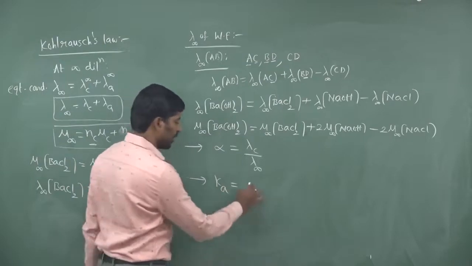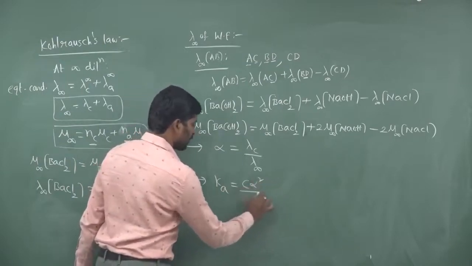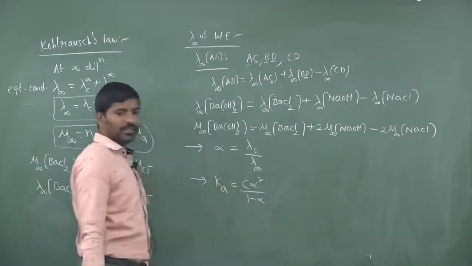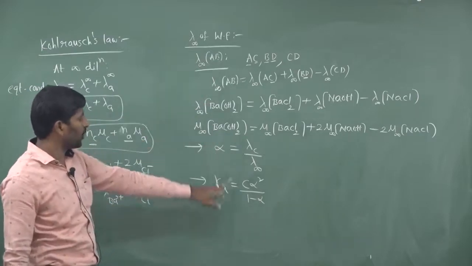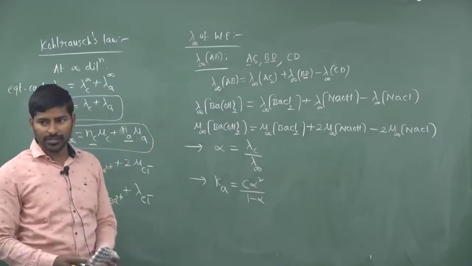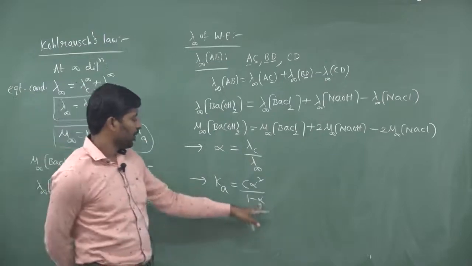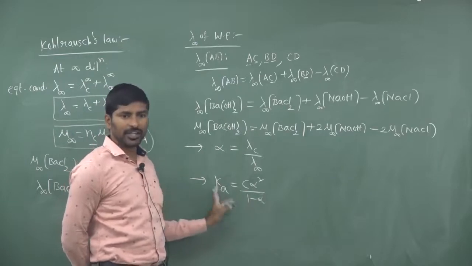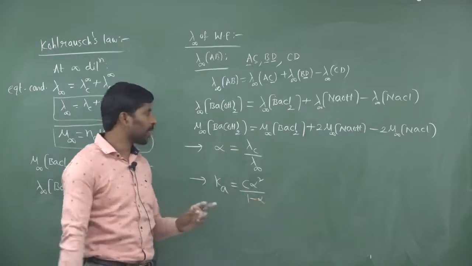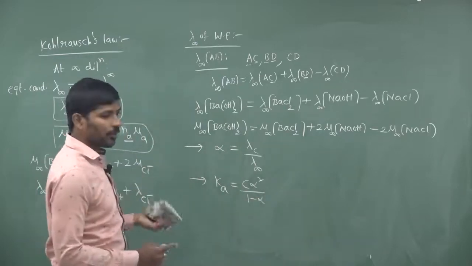The formula is Ka equals C alpha squared by 1 minus alpha. So once lambda infinity is known, we can calculate alpha and the acid dissociation constant. If alpha is very small, alpha may be neglected, then we get Ka equal to C alpha squared. This is the first application of Kohlrausch's law.